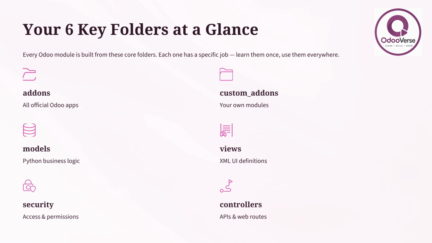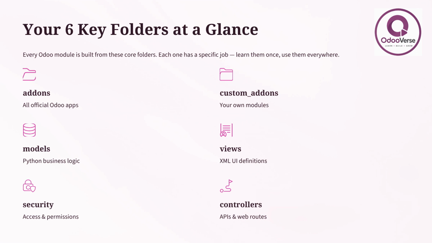Now, let's look at the 6 most important folders used in Odoo modules. The first folder is addons. This contains official Odoo applications. Next is custom_addons. This is where developers create their own custom modules. Then we have models. This folder contains Python business logic and database structure.